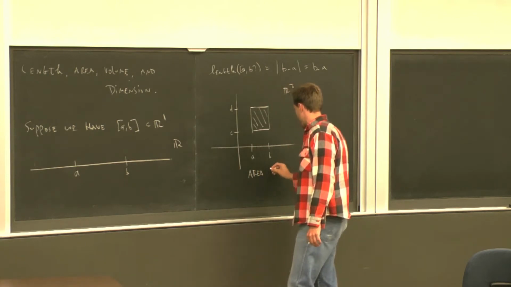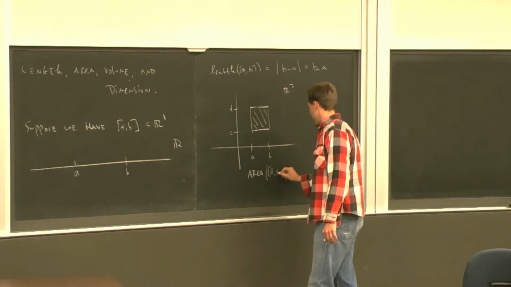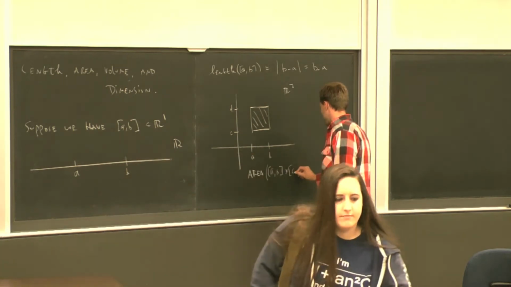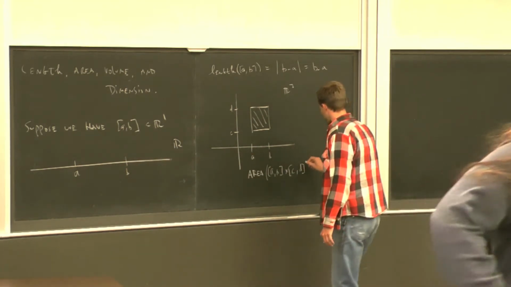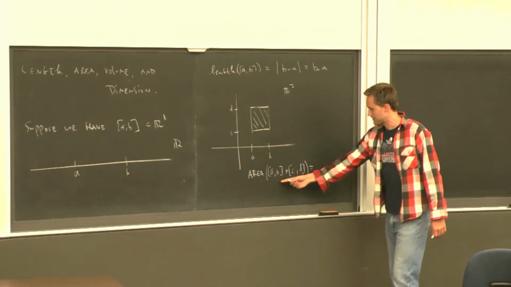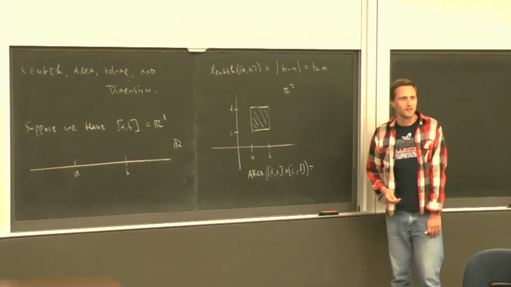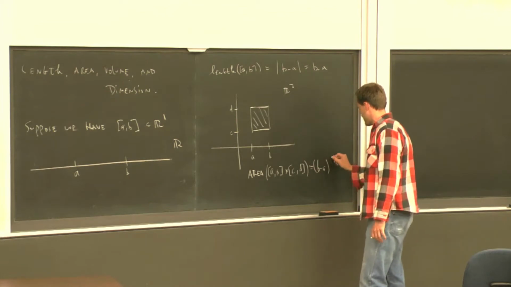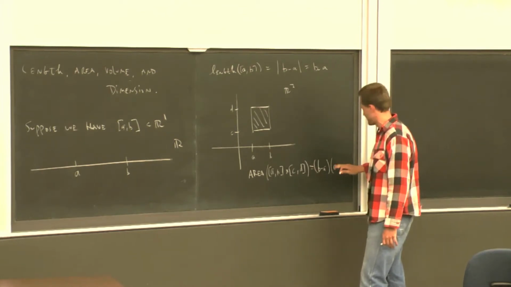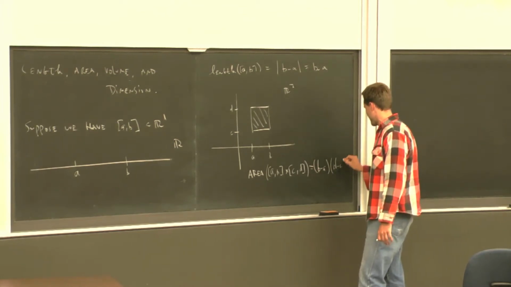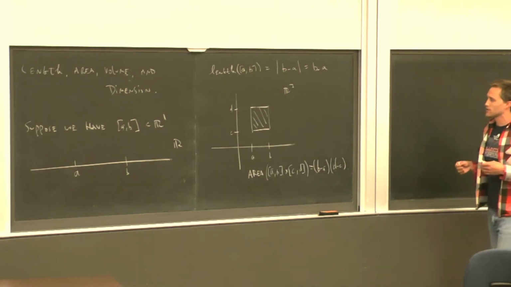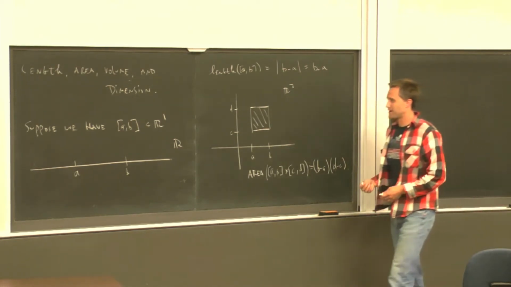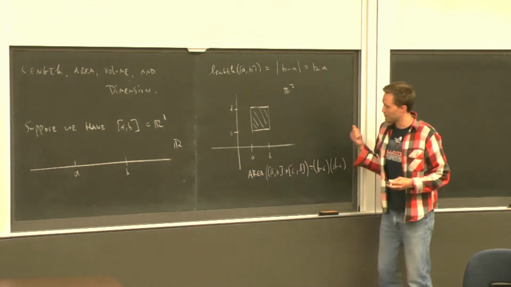The area of AB cross CD is equal to just the multiplication of the lengths of these sides, B minus A times C minus D, or D minus C. Very good. So we have to start out somewhere. This is what we're going to assume we already know.